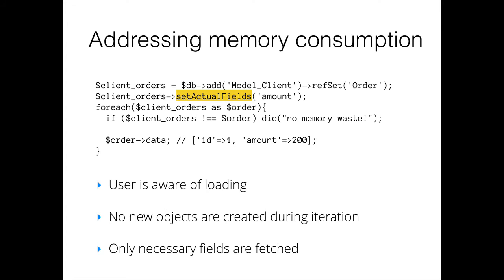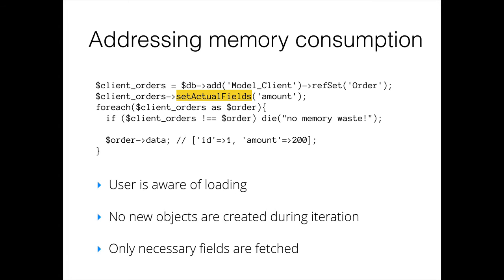On the second line over here, you see that I'm using the method called setActualFields, and it essentially instructs my object, which is reflecting the dataset, on what to do when I'm going to be iterating through the rows. I'm only interested in amount.